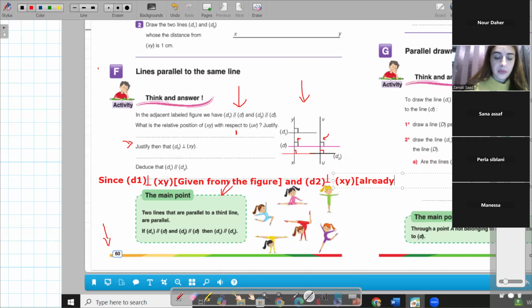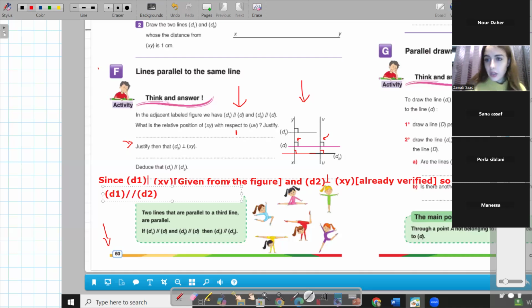Already proven, or already verified in part 2. So D1 is parallel to D2.